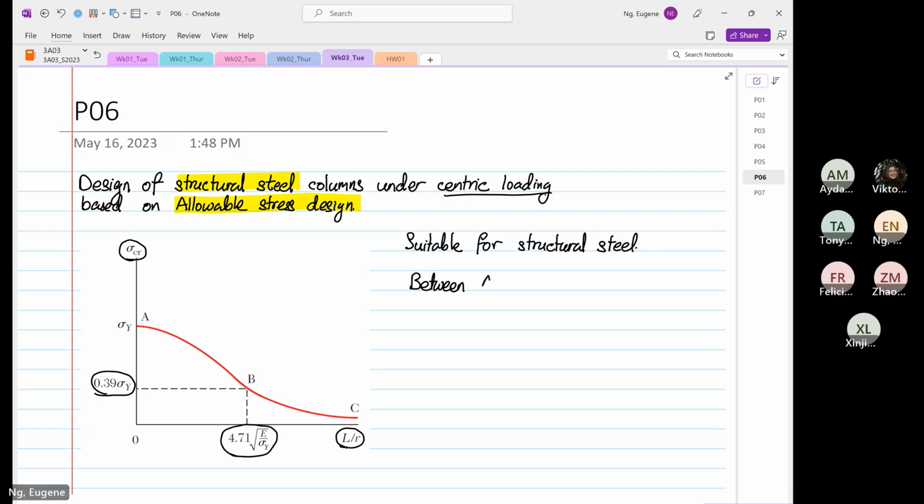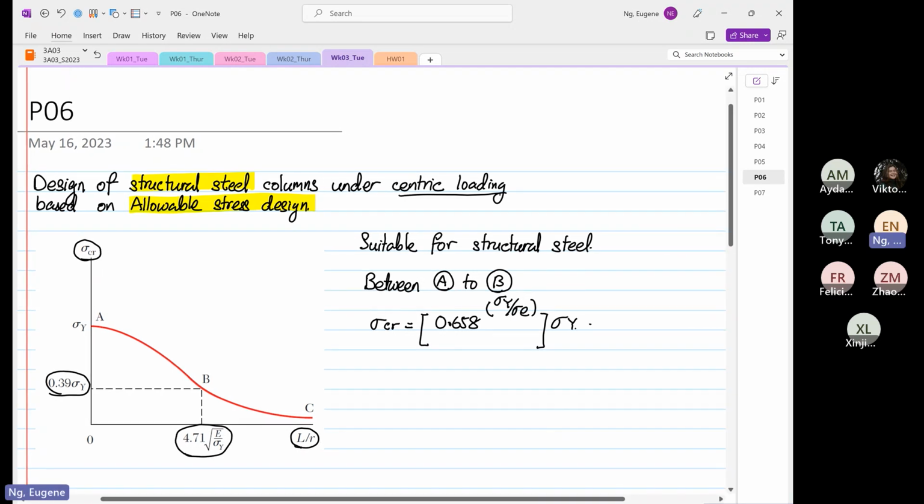I want you all to look at point A to point B. From point A to point B, the stress critical is equal to bracket 0.658 power of stress Y over stress E. Don't worry, I'll tell you what stress E is later on. Then this whole thing, close bracket, times stress Y. I'm going to call this equation number 1.